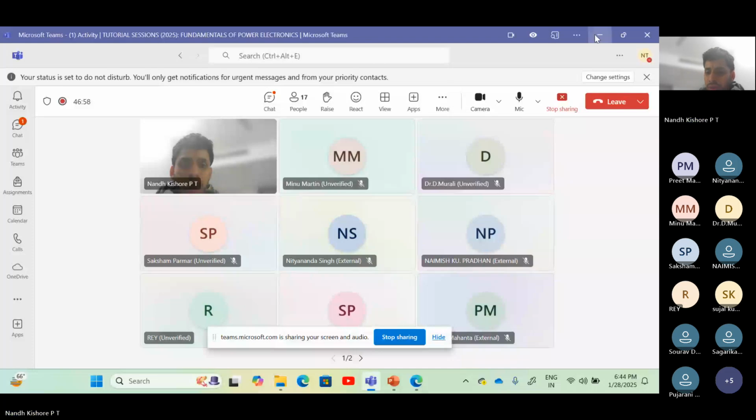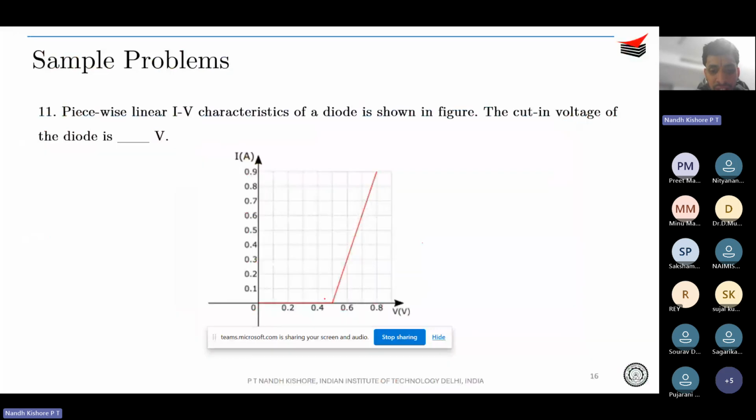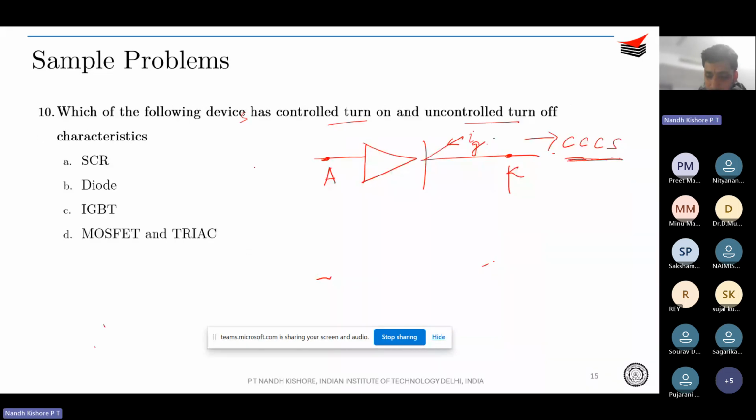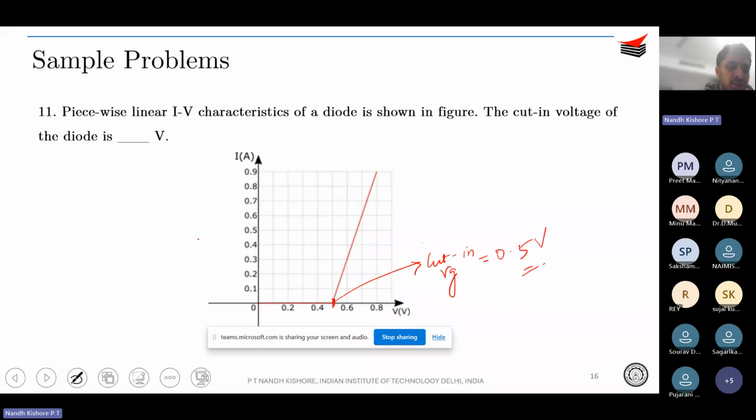From this graph itself, you can understand that the cut-in voltage is 0.5 volts. It's a very simple question. However, there is a continuation to this.